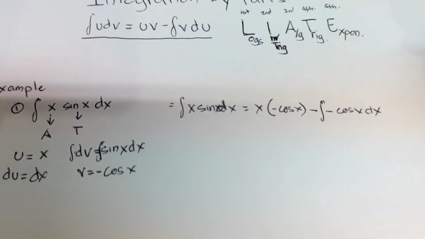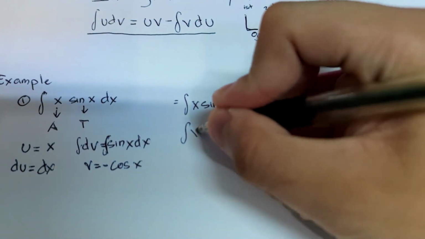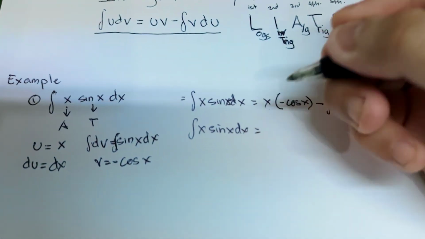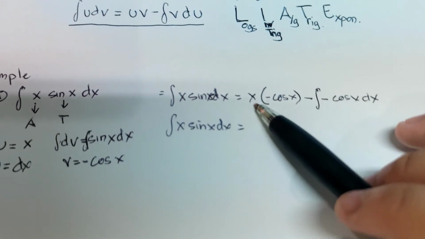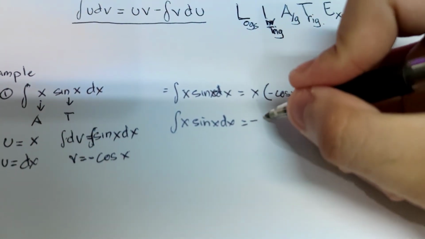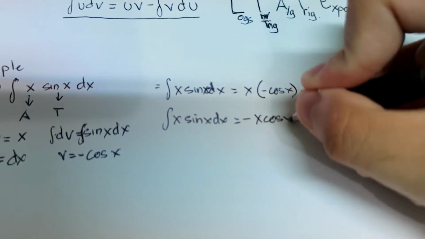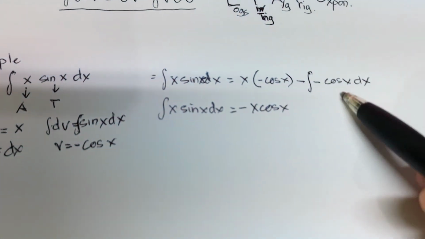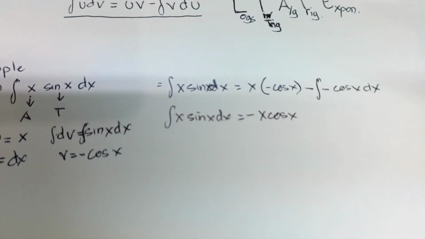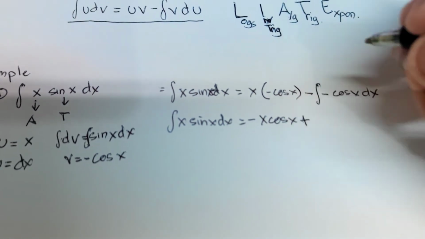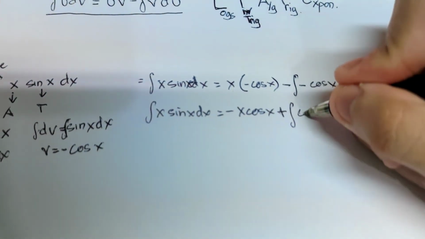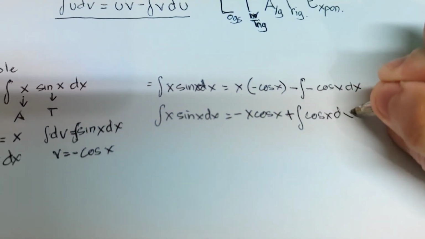So next, the integral of x sine x dx is equal to, let's multiply x by negative cosine x, which is just negative x cosine x. We have two negative signs here, and we'll just multiply these, so we'll get positive, and the integral of cosine x dx.